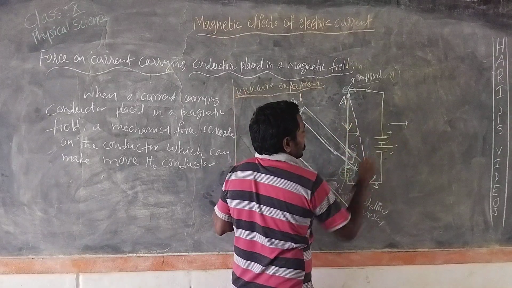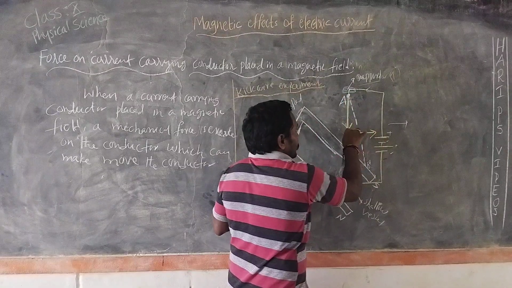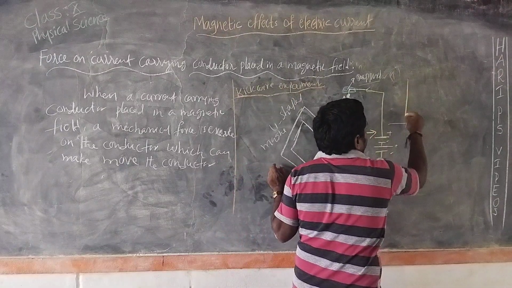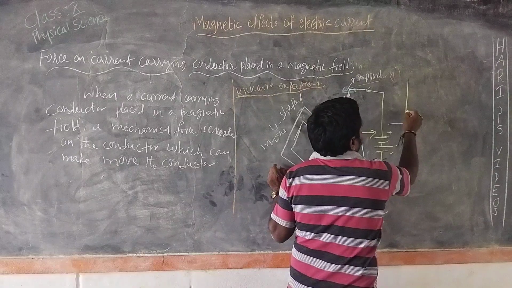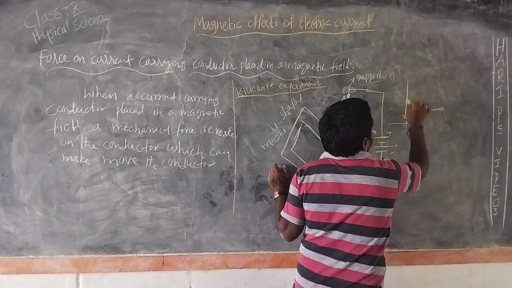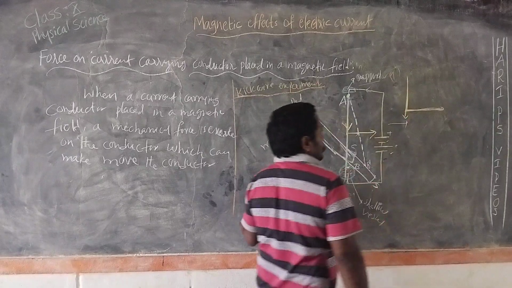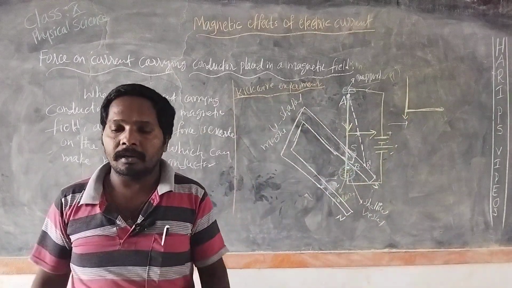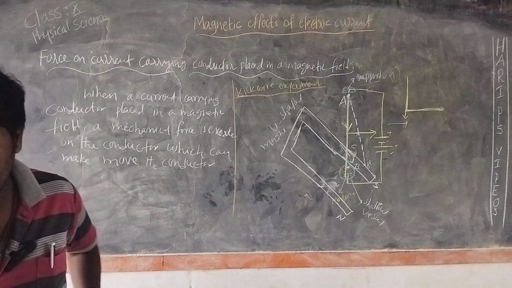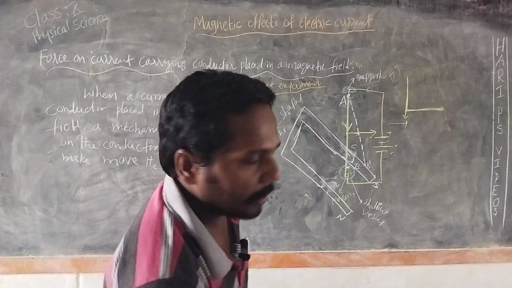In which direction does the object move? Perpendicular. This is the direction of current, and the current carrying wire moves in this direction. So both are perpendicular to each other, and perpendicular to the direction of the magnetic field.